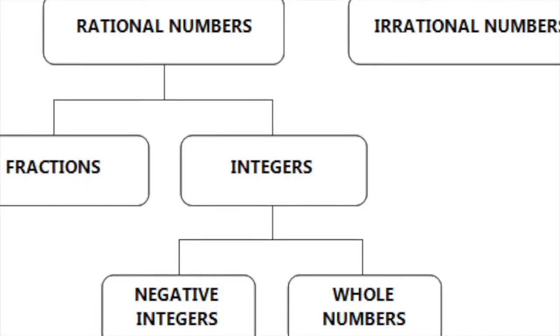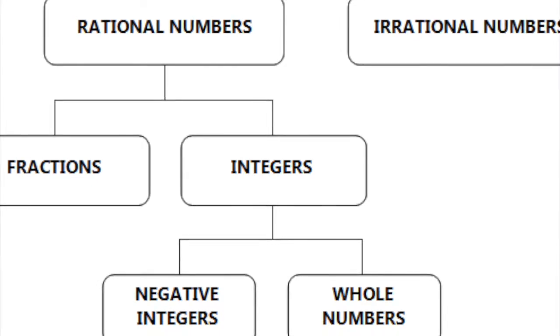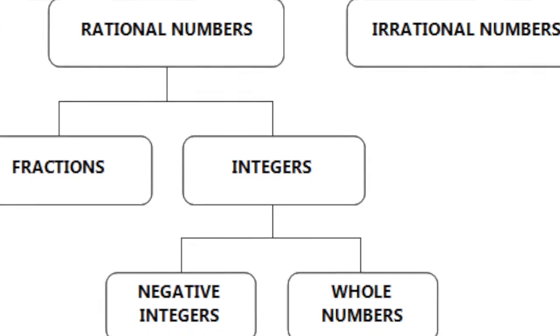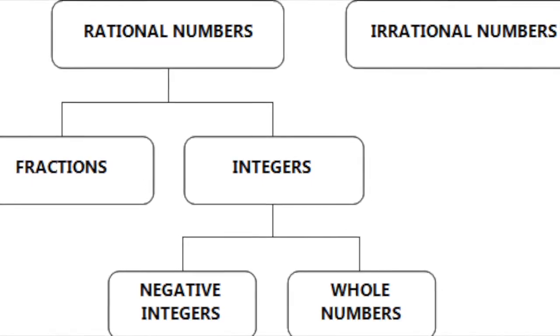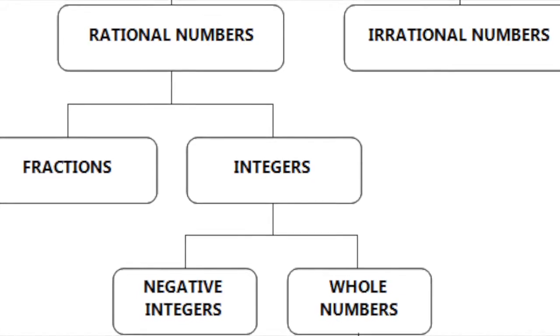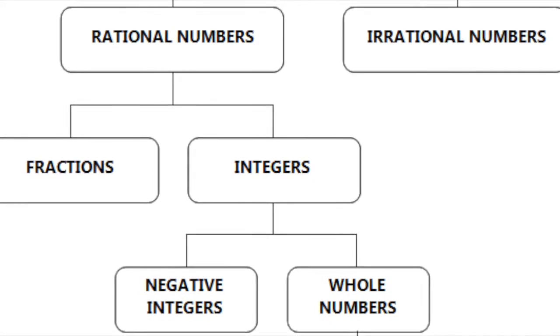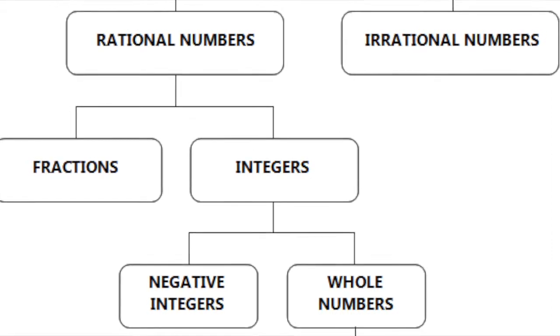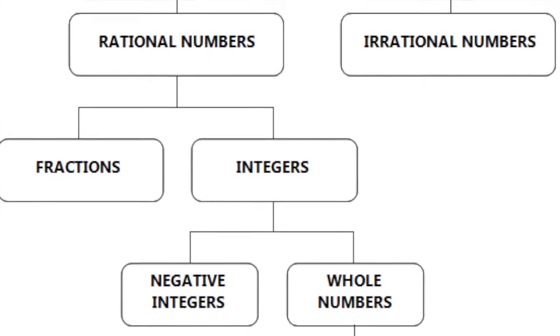At the beginning, real numbers include rational and irrational numbers. Firstly, rational numbers are about integers and non-integers. They also include negative integers, zero, and natural numbers.